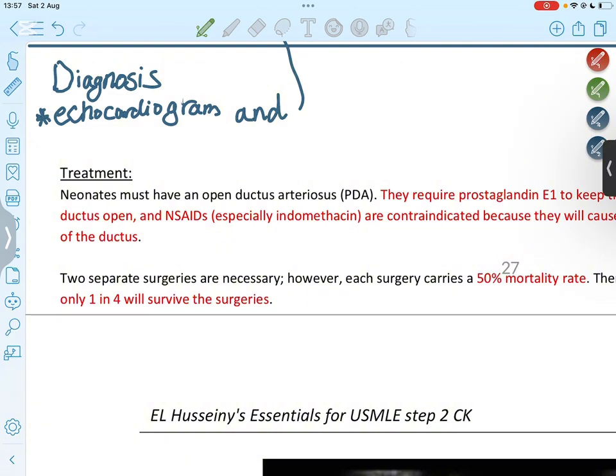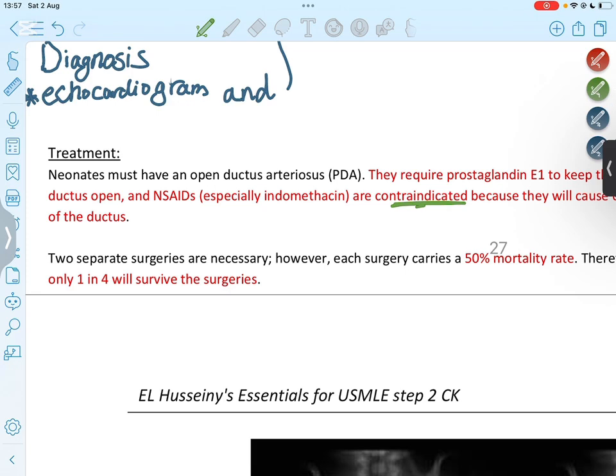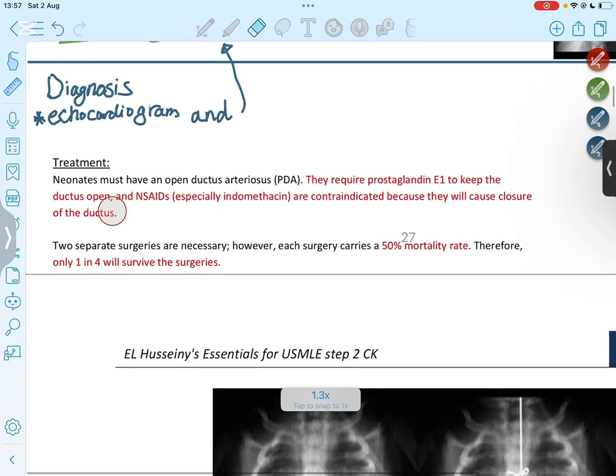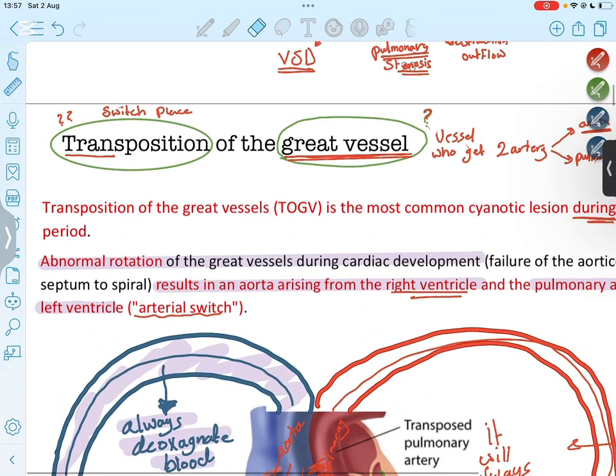And we should avoid giving NSAIDs or indomethacin because they will close the ductus. We could also do surgery, but the surgery carries a 50% mortality rate. And that's it, the transposition of the great vessels.